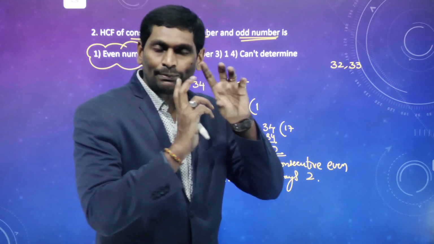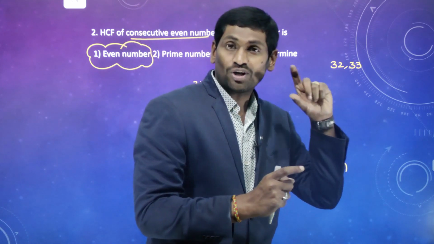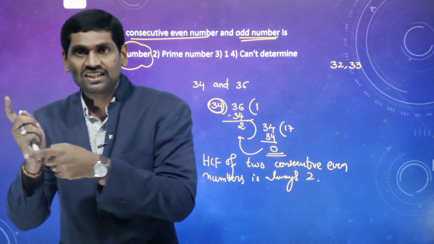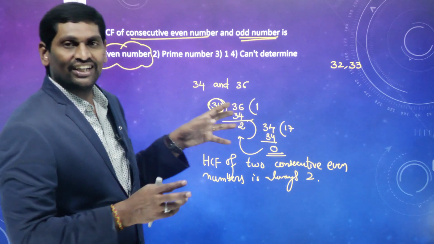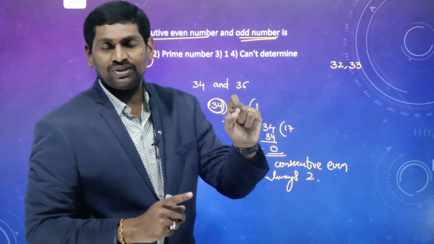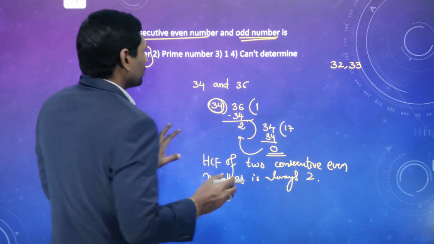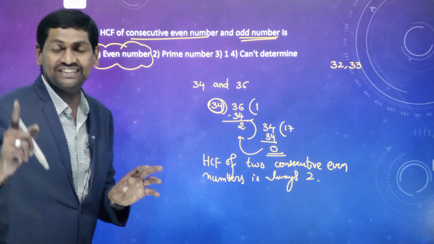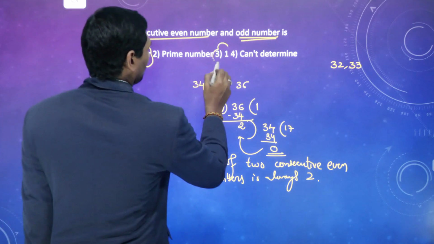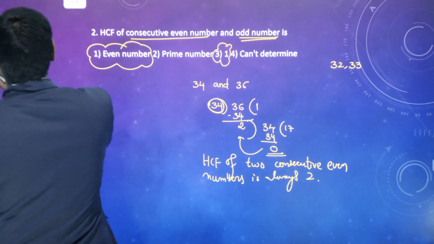It is following one pattern. That means all the numbers are arranged in a manner like odd number, even number, odd number and even number. So if you take 31, its immediately next number is 32, odd and even. And if you take any two consecutive numbers, the HCF is always 1.